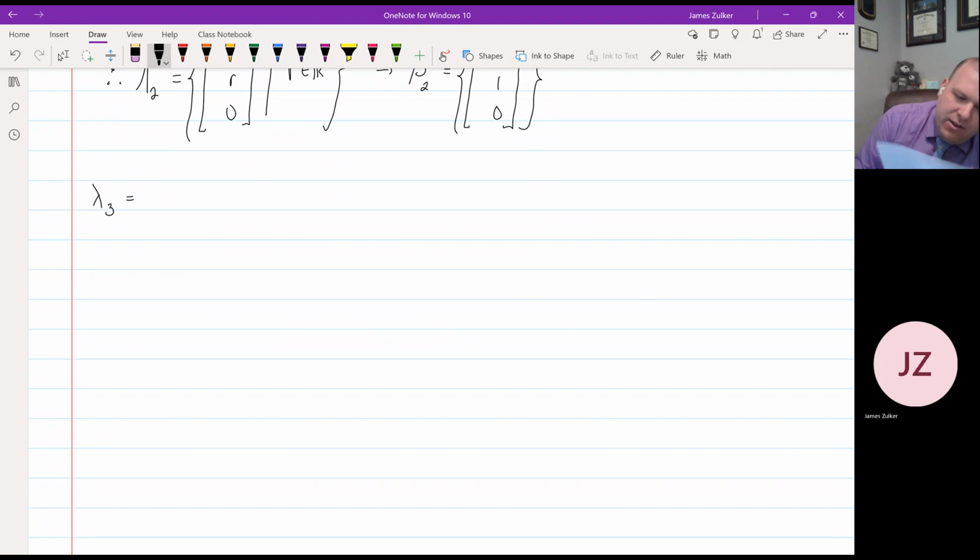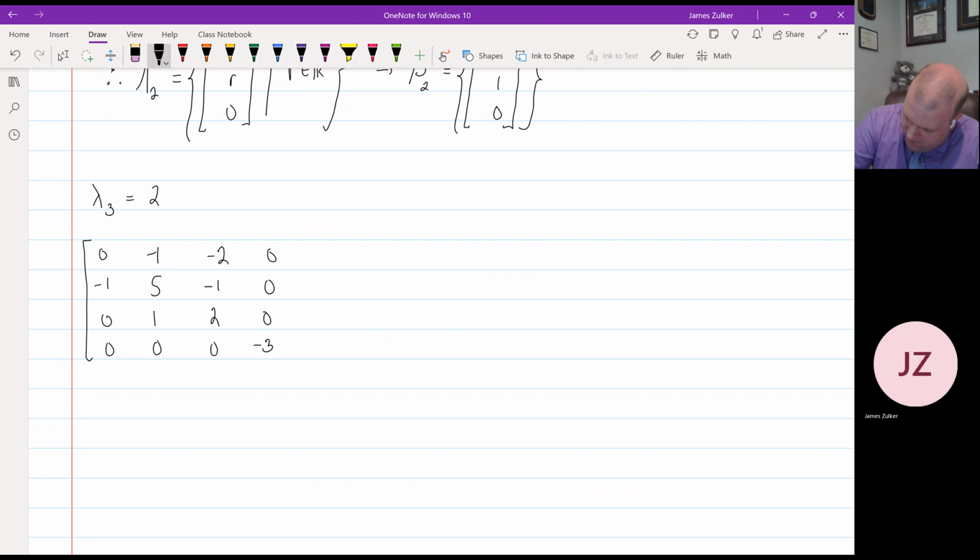Now for the eigenvalue 2. This will reduce. This is an 11.